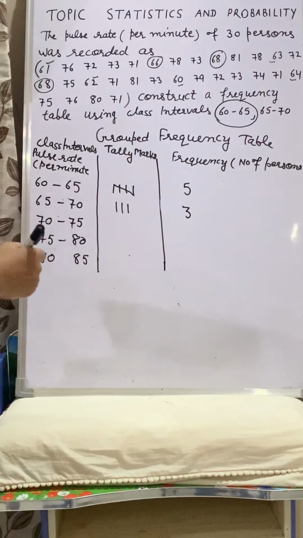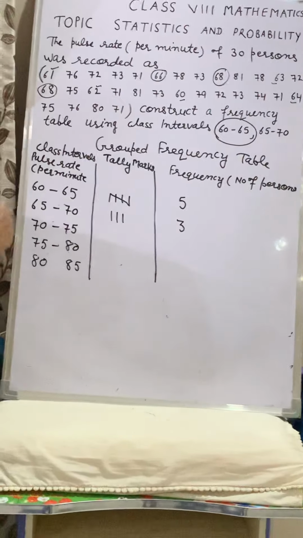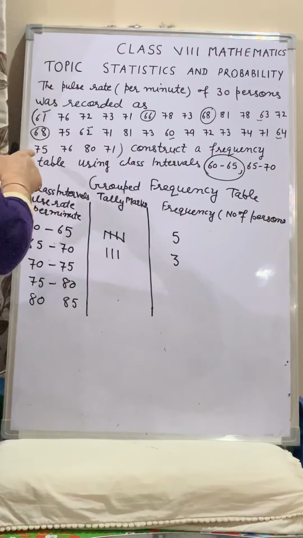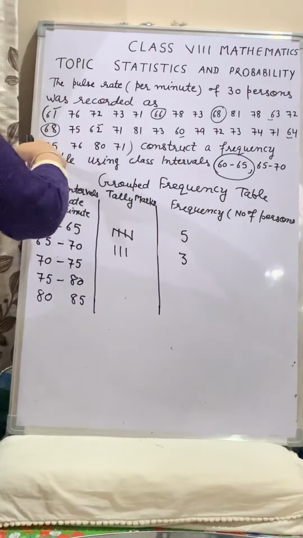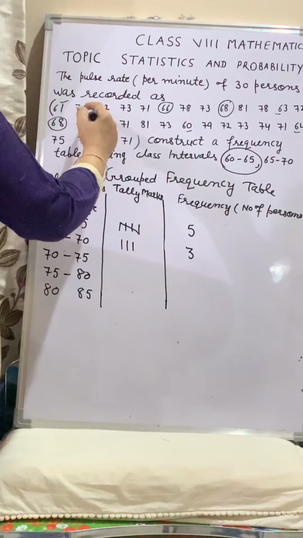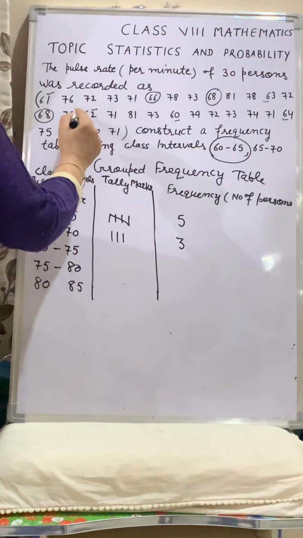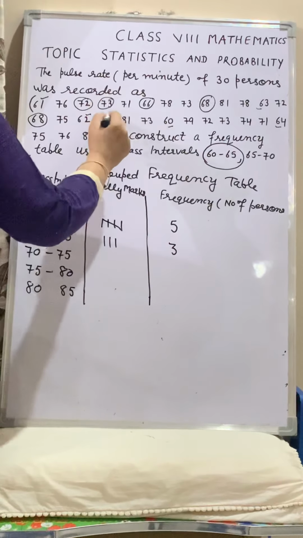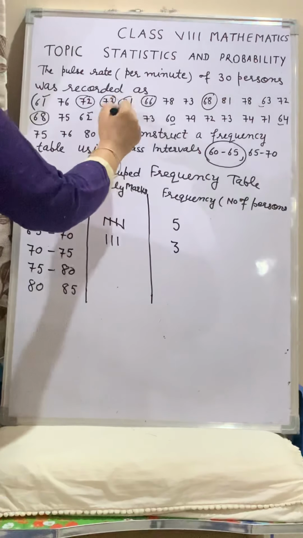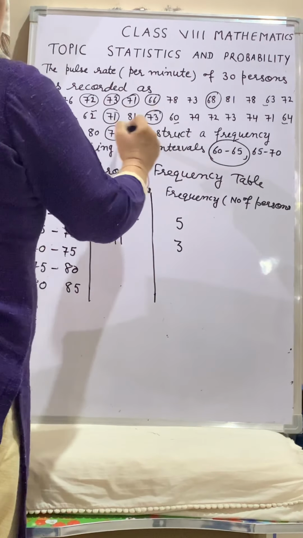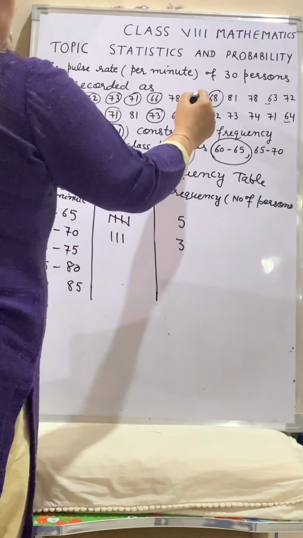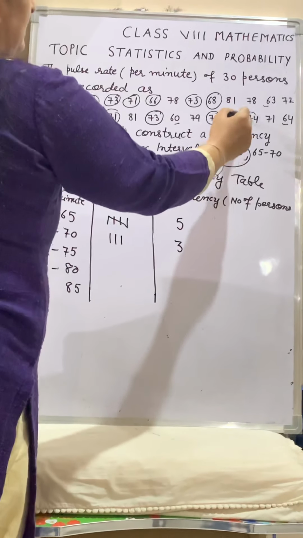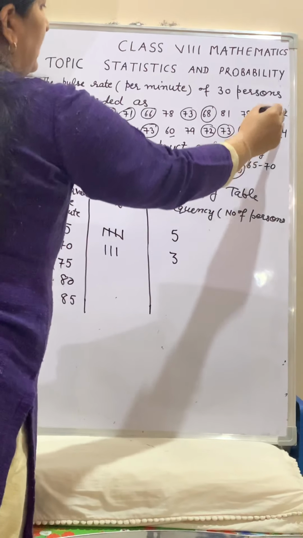You will find here 70 to 74, not 75. 75 is not included in this group. Counting 1, 2, 3, 4, 5, 6, 7, 8, 9, 10, 11 and 12.